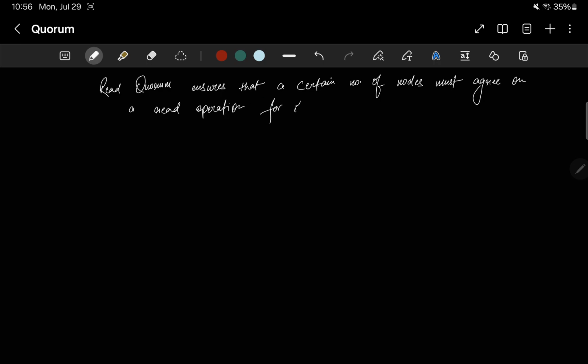Read quorum ensures that a certain number of nodes must agree on a read operation for it to be considered successful.